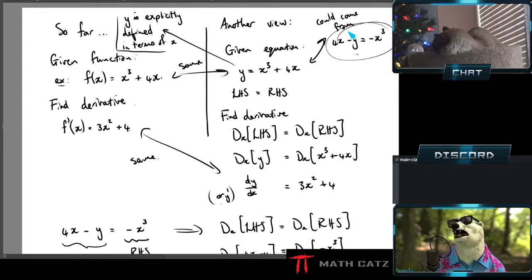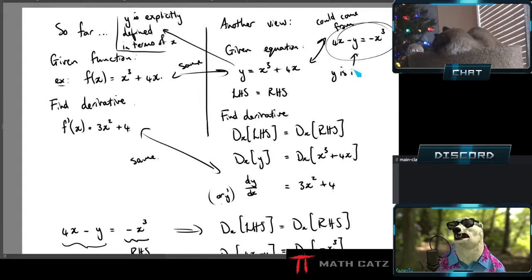But when I look at the equation version, that's maybe a little bit more shuffled. It's the same equation. This one doesn't exactly show what the function is. And maybe I'm not interested in solving for y. And maybe I can't solve for y because it's too complicated, but it still defines the same thing.